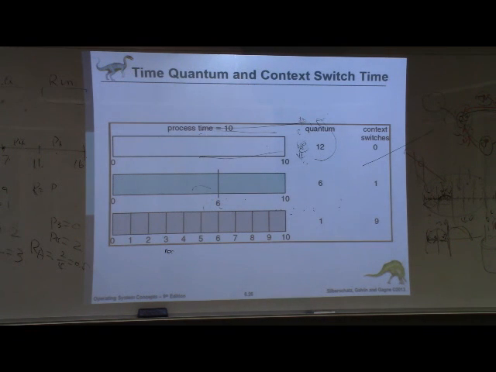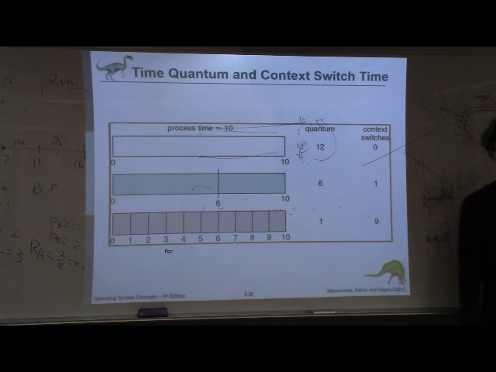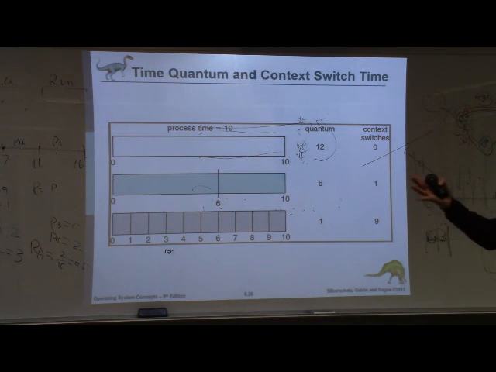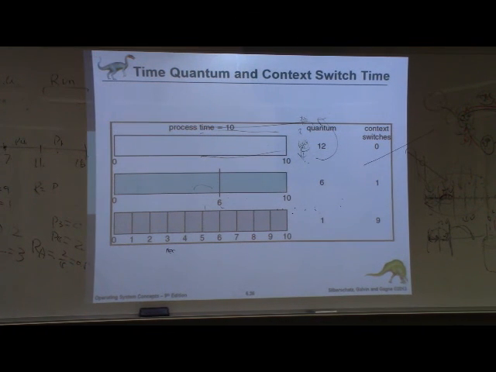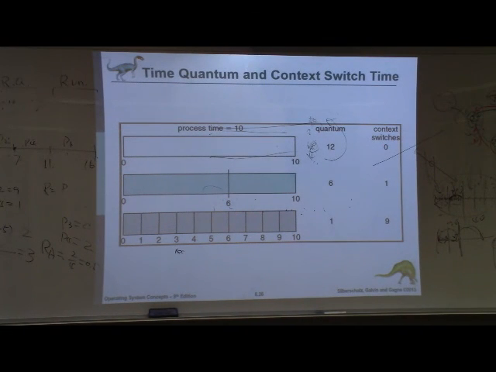However, depending on the quantum size, is larger better? No, we cannot say larger is better. Is smaller better? We cannot say smaller is better. What is the problem of the small time quantum? Context switches a lot. That is a problem. What about the large one? It will be the same as first come, first serve.